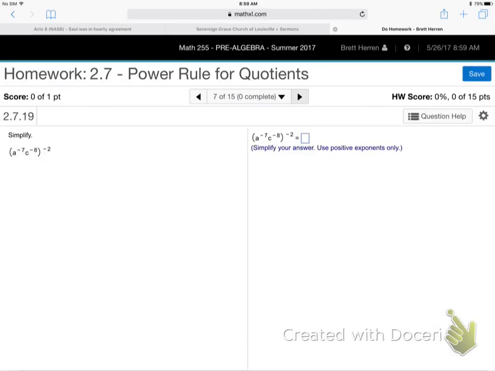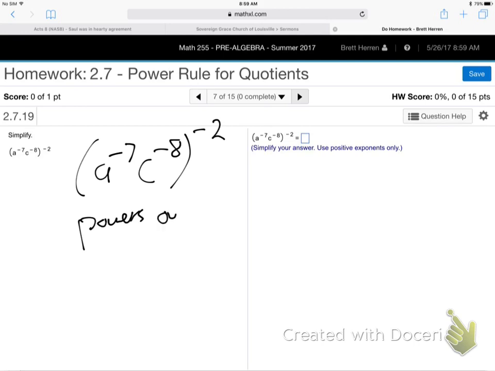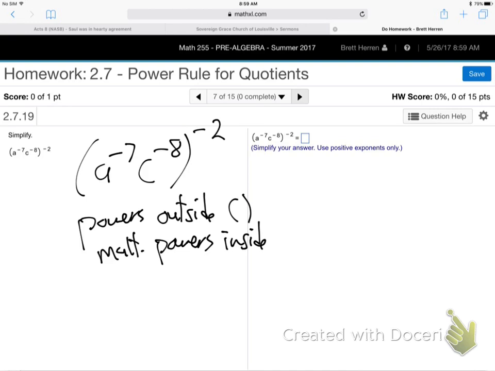All right, let's finish this one, and then we'll take our break. We're about at break time here. Let's try that one. Powers outside parentheses multiply powers inside parentheses.